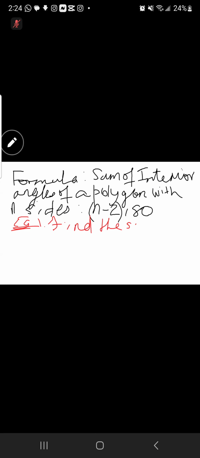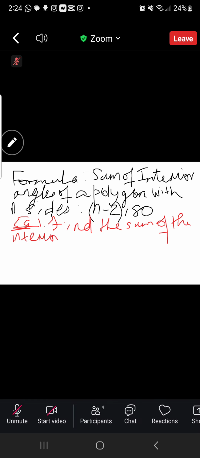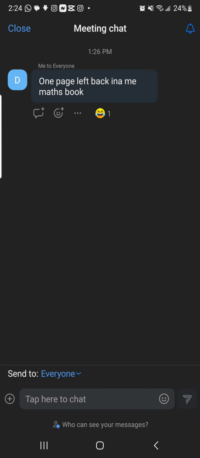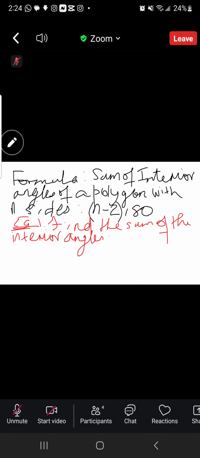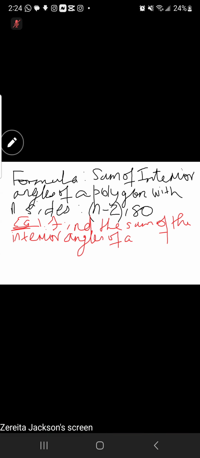Find the sum of the interior angles of a polygon with 14 sides.